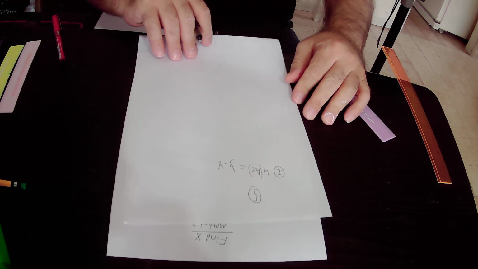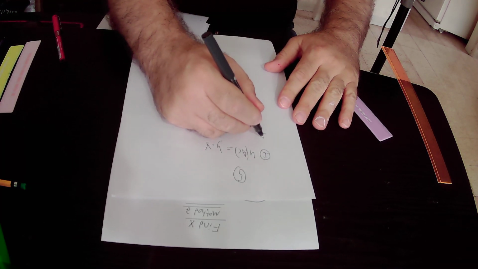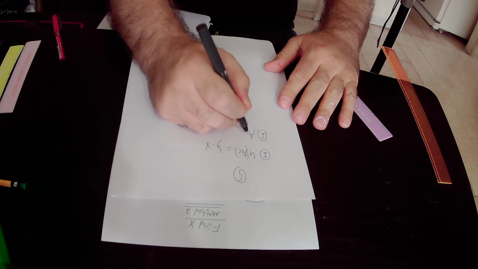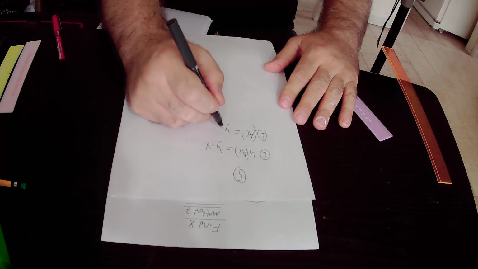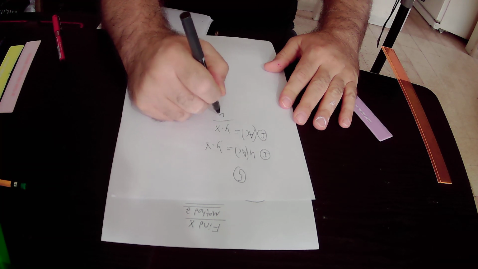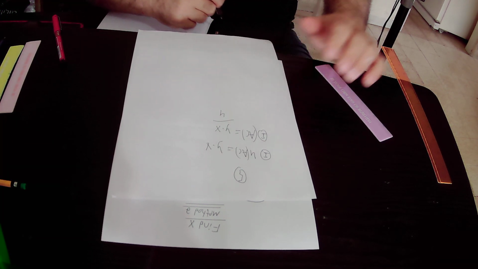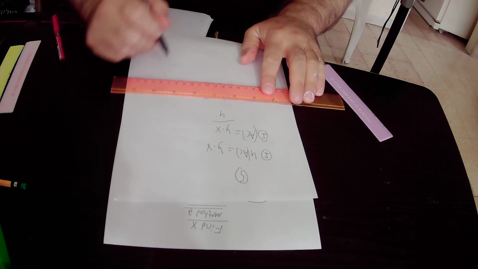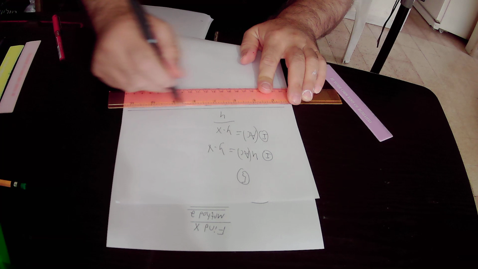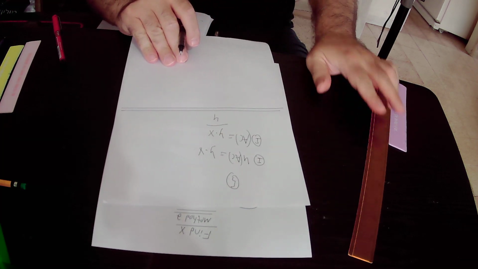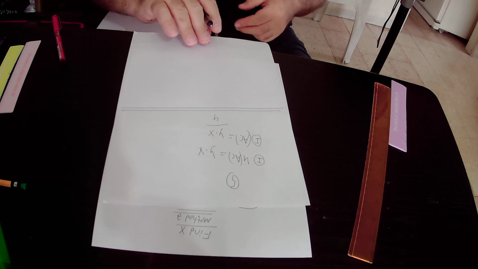We will get that AC equals Y times X over 4. Okay, according to equation number 1, AC equals Y times X over 4.